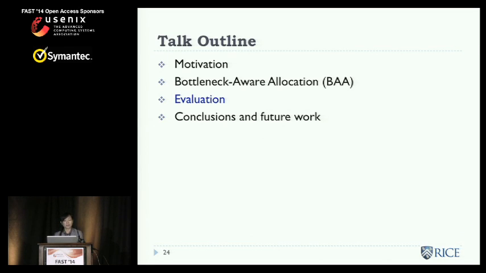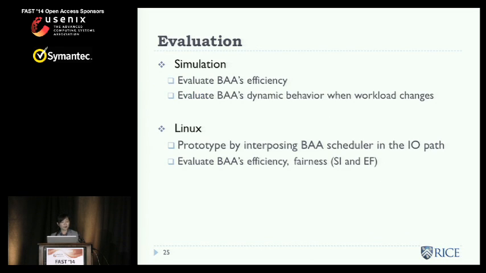Next, we will evaluate the performance of bottleneck-aware allocation, BAA, by both simulation and a Linux system. The simulation is mainly used to evaluate the behavior of BAA. In the Linux system, we implement our prototype by interposing the bottleneck-aware allocation scheduler into the I/O path.